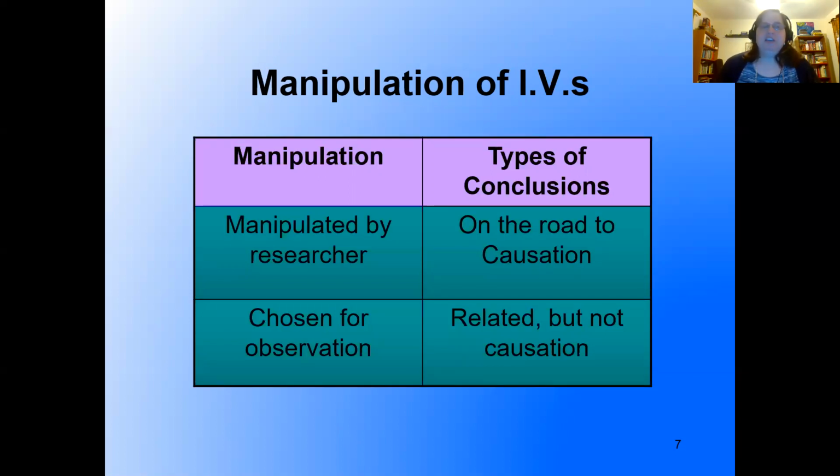Whereas in that second example, I can't say causation yet because there's a lot more criteria to get to causation, but at least I'm on the road. I'm on that correct path to causation.